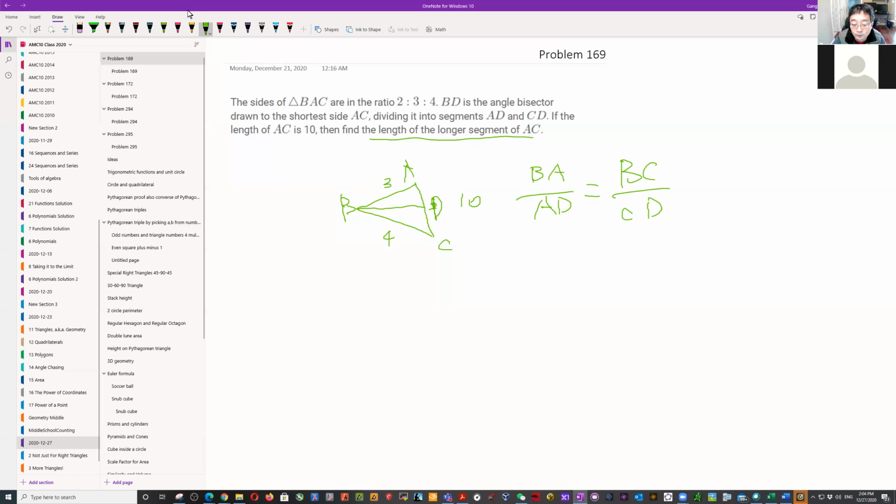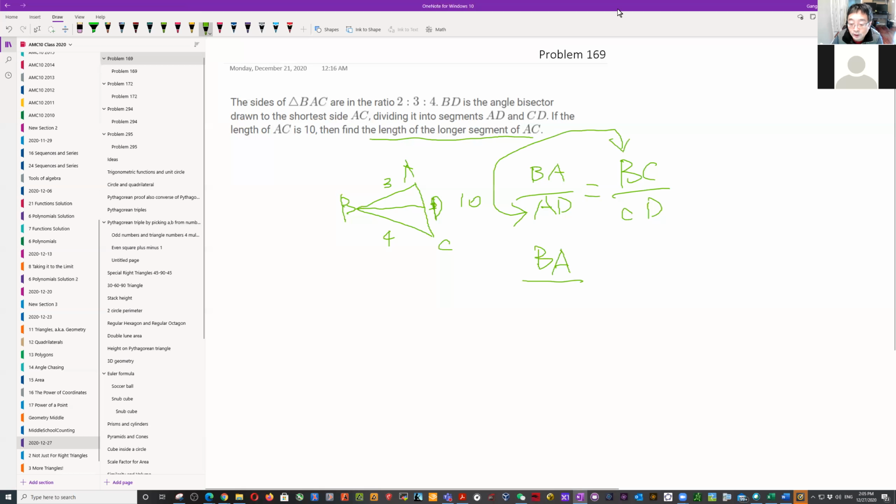So we can say BA over BC, we can swap those. We can swap the direction of those because this is a ratio.